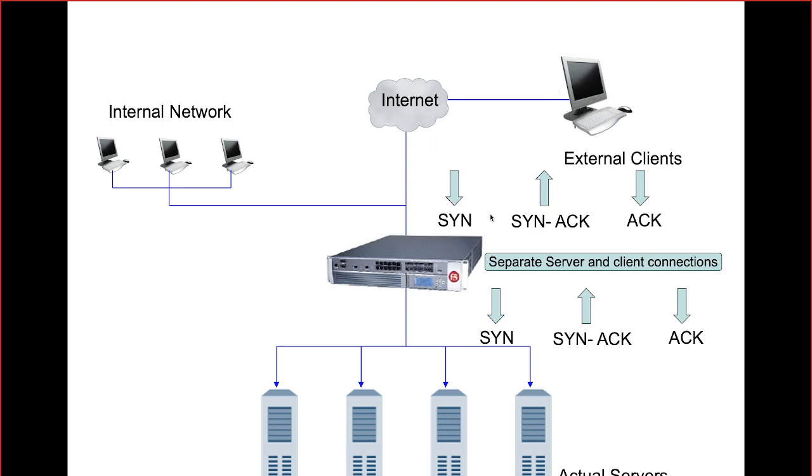The front end connections are going to be terminated on the F5. And we are going to be establishing a backend connection with the actual servers, and they are going to be pinned together. And we need to understand that there is a concept called OneConnect. OneConnect will help you reduce the number of concurrent connections between the F5 and the available servers. I'll tell you, when we get into OneConnect, what the benefit of using it is.